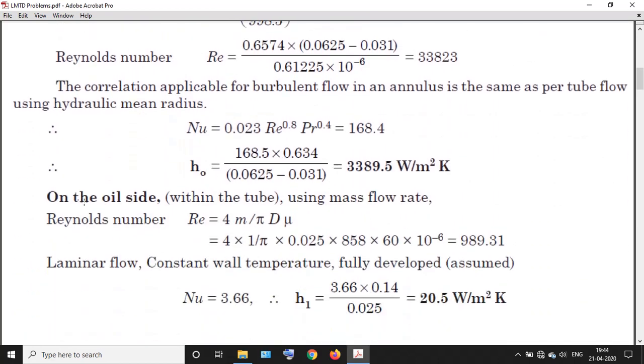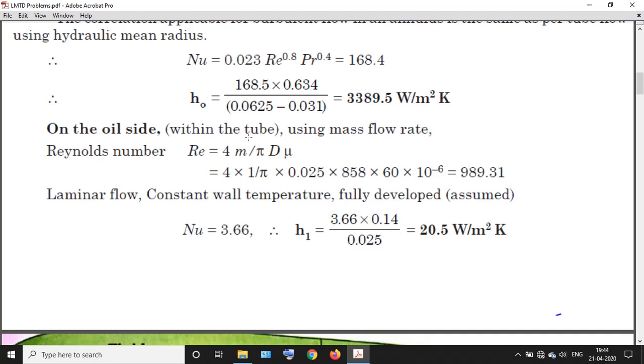Similarly, we can determine for the oil side, which is a flow inside a tube. So within the tube, the Reynolds number Re is given by 4m by pi d mu, where d is the diameter. So by solving this, you will get the Reynolds number. So this for an inside flow is a laminar flow, and we are going to assume constant wall temperature and fully developed. So this is an assumption.